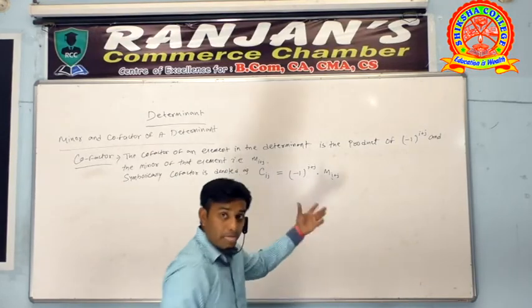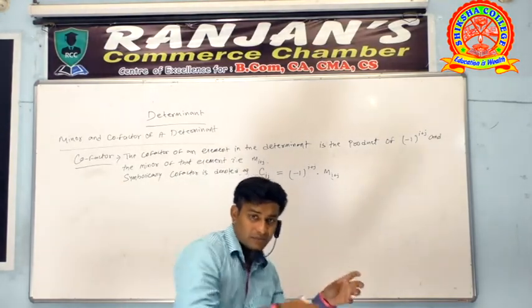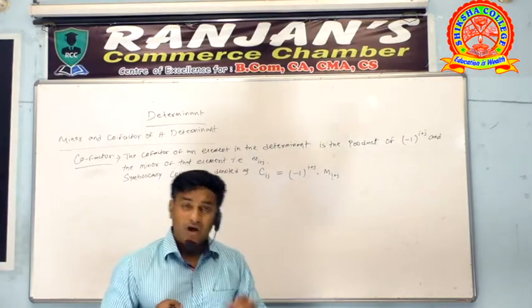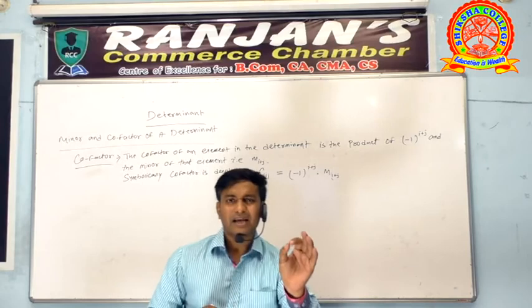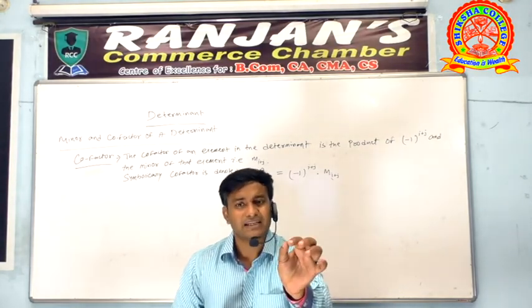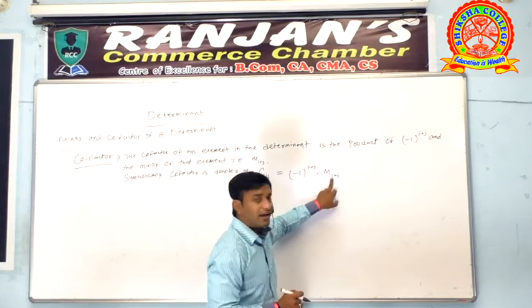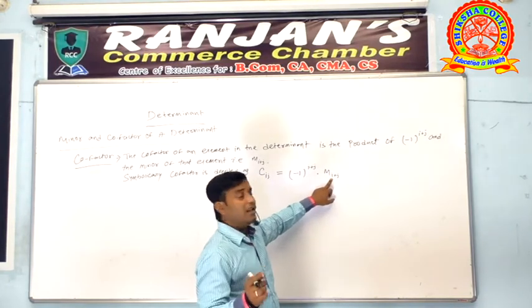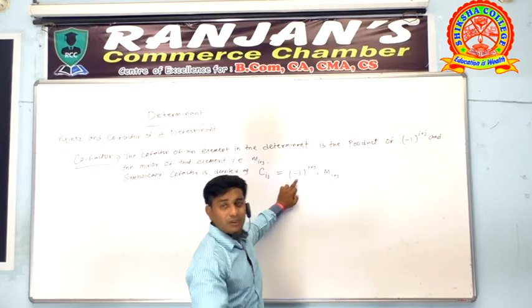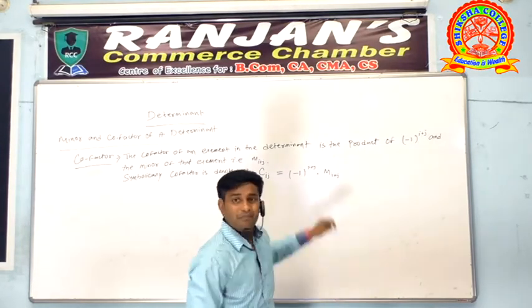As we did some time before, we calculate the minor of an element. Clear? Simply calculate the minor of that element, put it over here, and then multiply that value with minus 1 to the power i plus j. So what is i plus j?